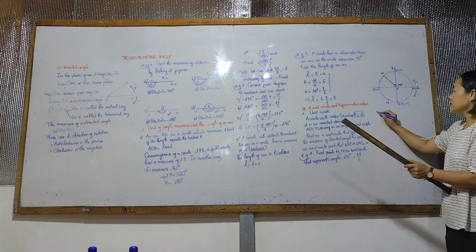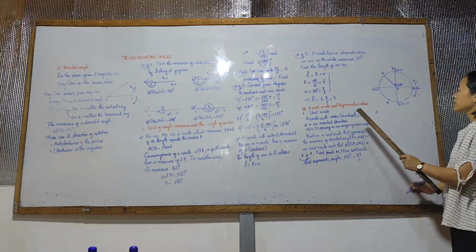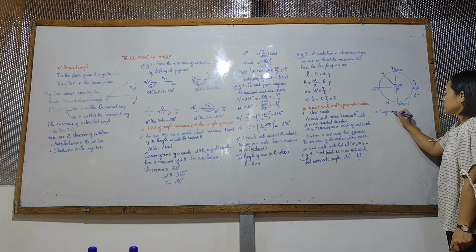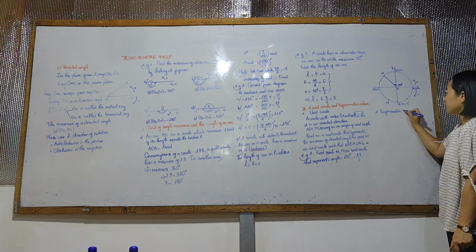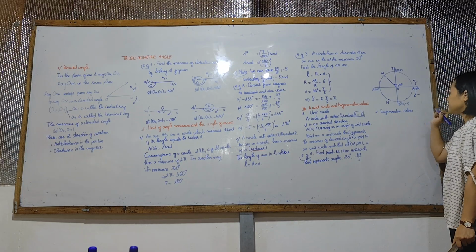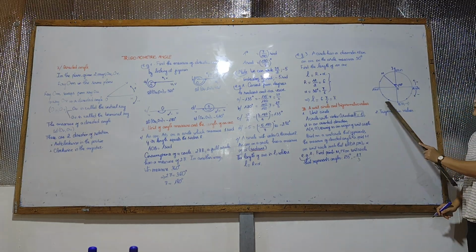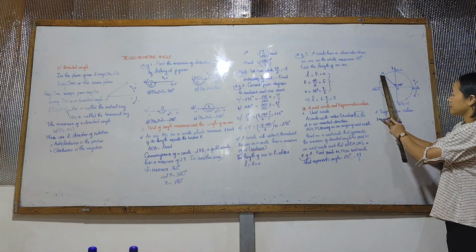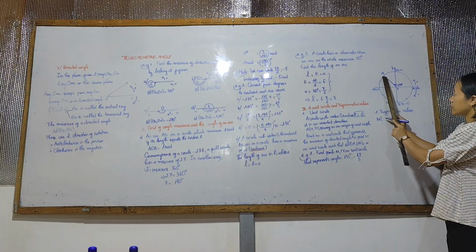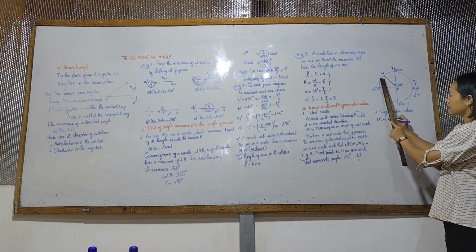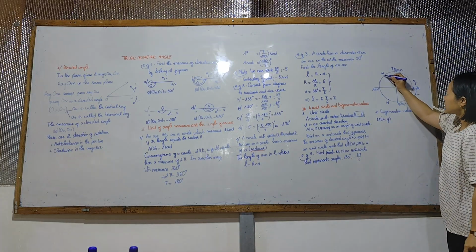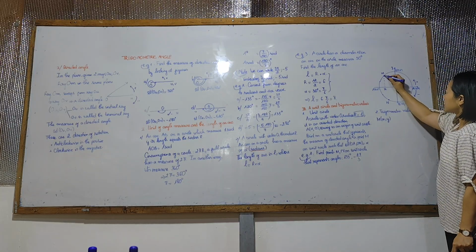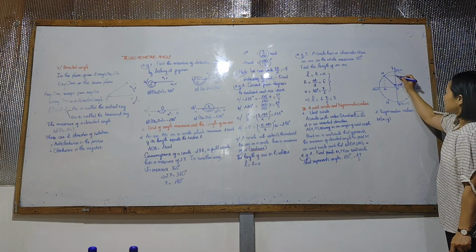Okay, and number 2, we will explore trigonometric values on the unit circle with point M with coordinates x, y.